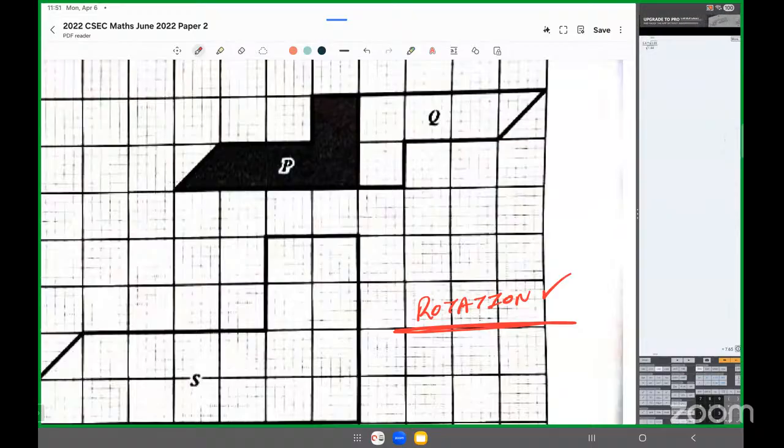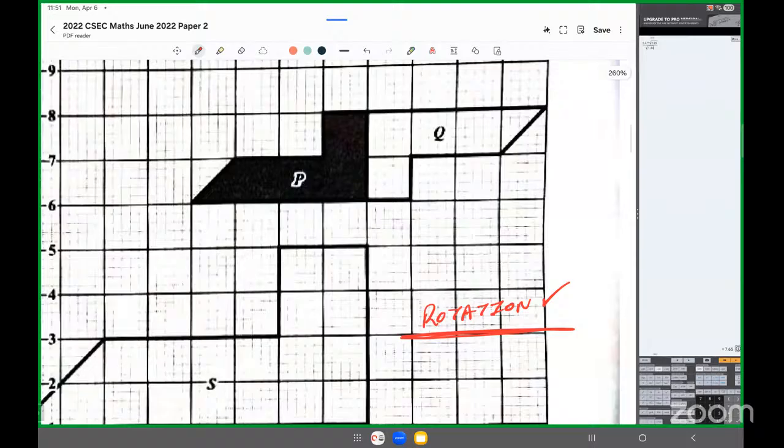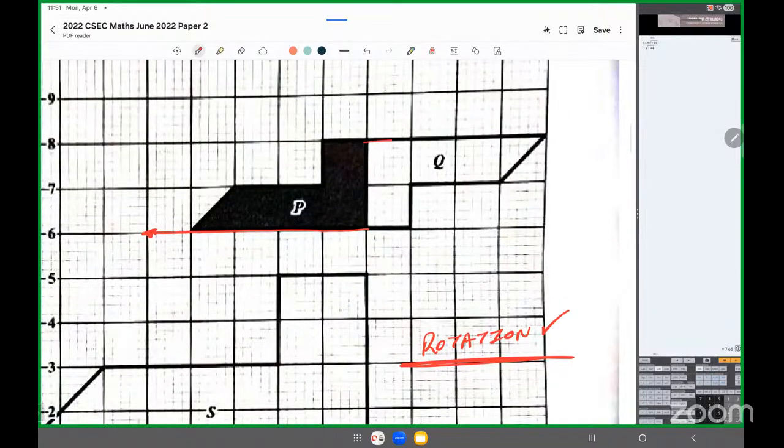All right. Angle, direction, and center. Let's deal with the angle first. You can find the angle by comparing one side. For example, here to here is pointing this way. On the image, it is now pointing that way. That's a rotation of 180 degrees.